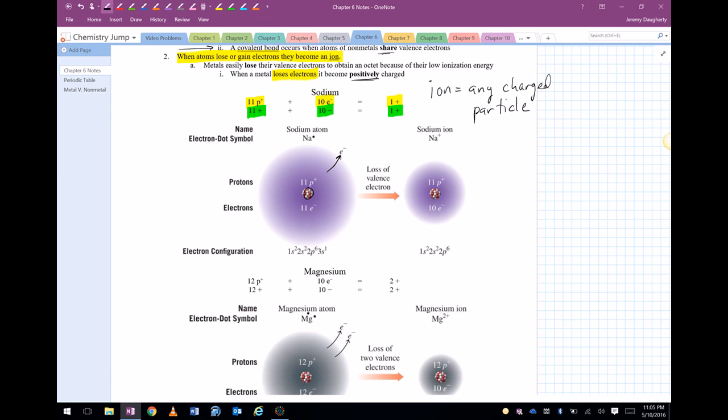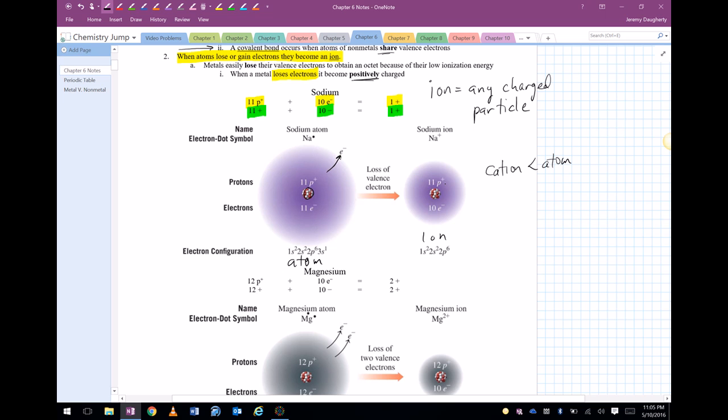But look what happens to the size. So the ion compared to the atom, it gets smaller, right? So the cation, which is a positive ion, we'll get that here in a second, is smaller in size than the atom.